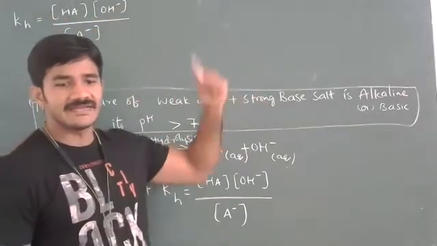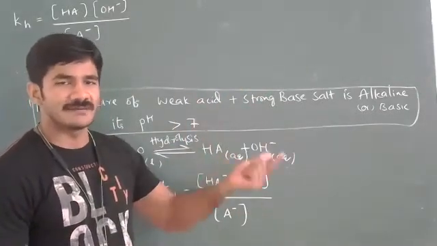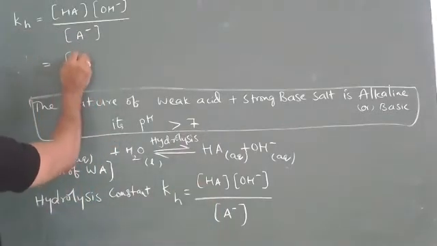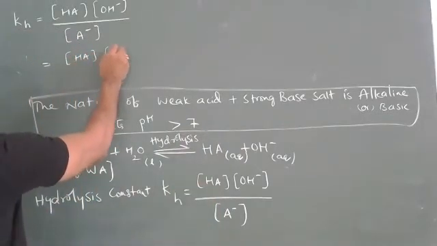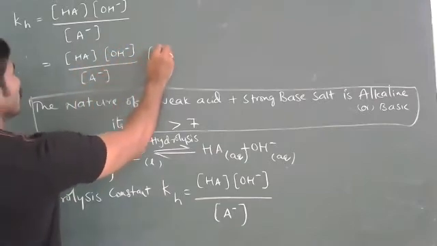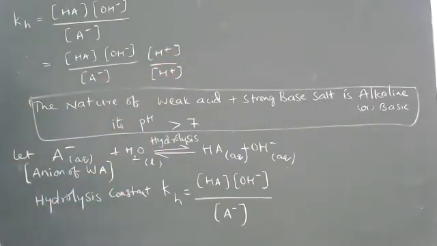I'll multiply and divide with H plus concentration. So without any change in the equation, HA concentration into OH minus concentration by A minus into H plus by H plus. So there is no change in the equation, right?